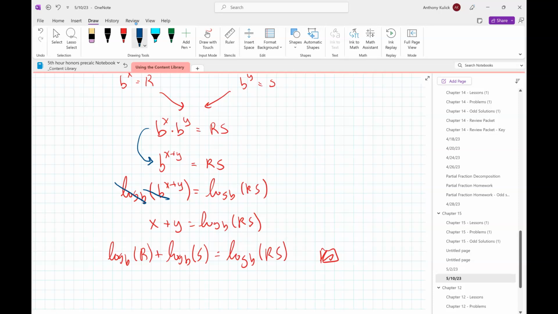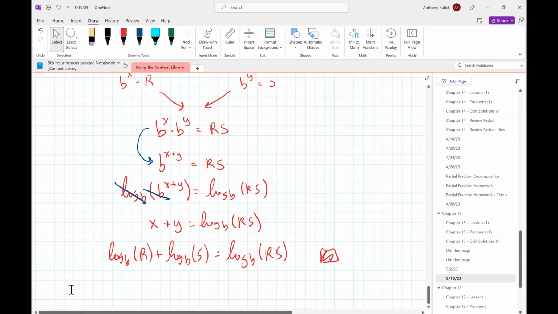So you'll rewrite your logs as exponentials, multiply or divide them as needed, use the corresponding property of exponents, and then take the log of both sides and boom, boom, boom. Okay. I think that we ask you to prove the other ones in your homework.